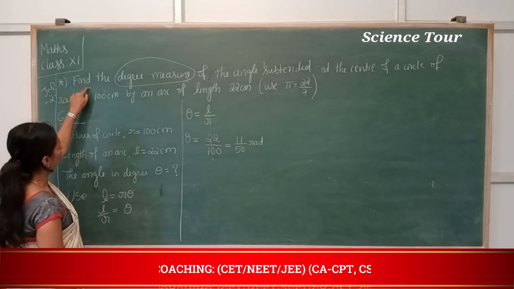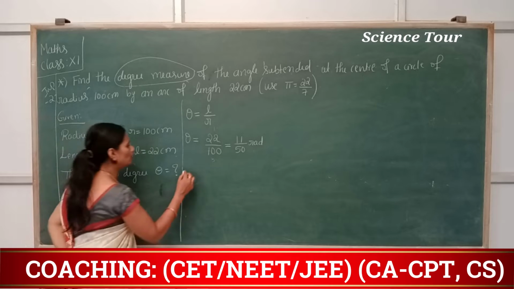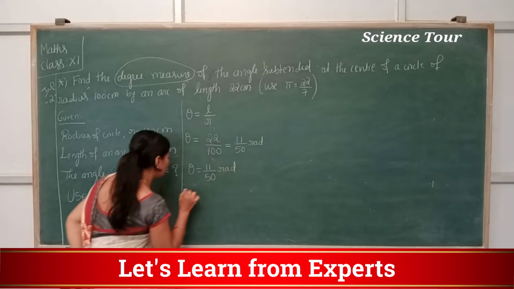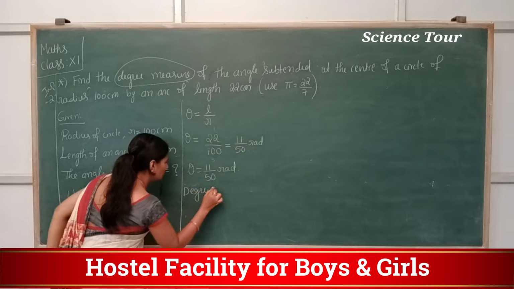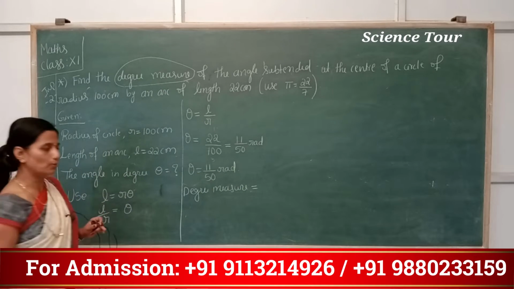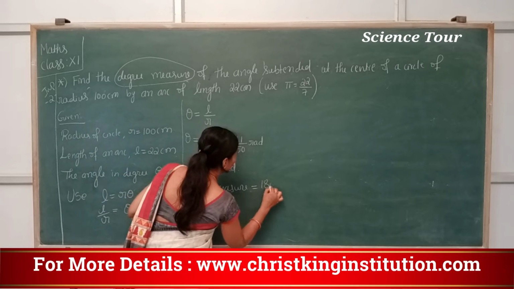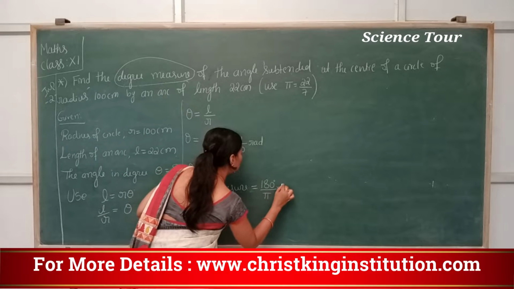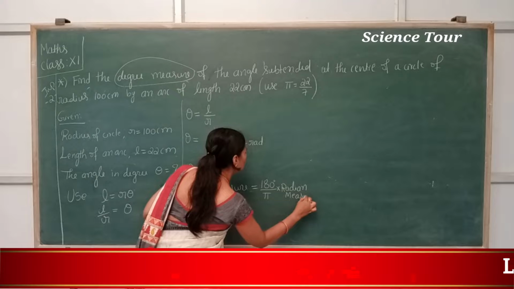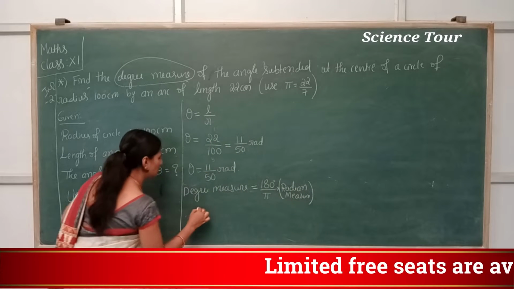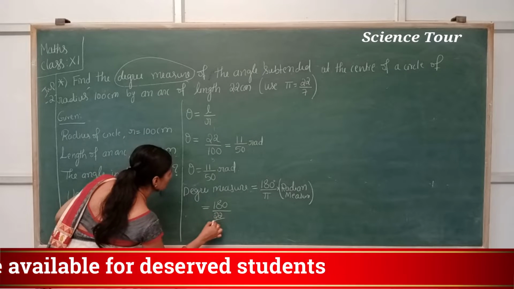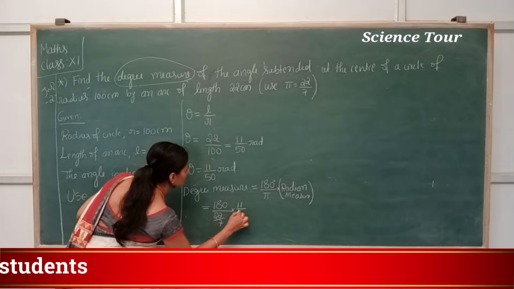But your question is to find the degree measure. So theta is here 11 by 50 radian, and now the degree measure is equal to 180 divided by pi into the radian measure. So that is 180 divided by pi, written as 22 by 7, into 11 by 50.